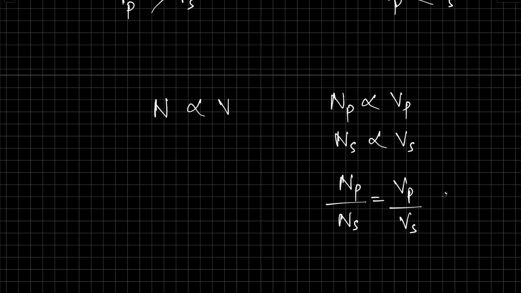Current is inversely proportional, right? So how do you write the equation for current? We have primary at the numerator, but for current it should be the opposite, secondary, IS over IP. So number of turns in the primary over number of turns in the secondary equals voltage in the primary over voltage in the secondary equals current in the secondary over current in the primary.